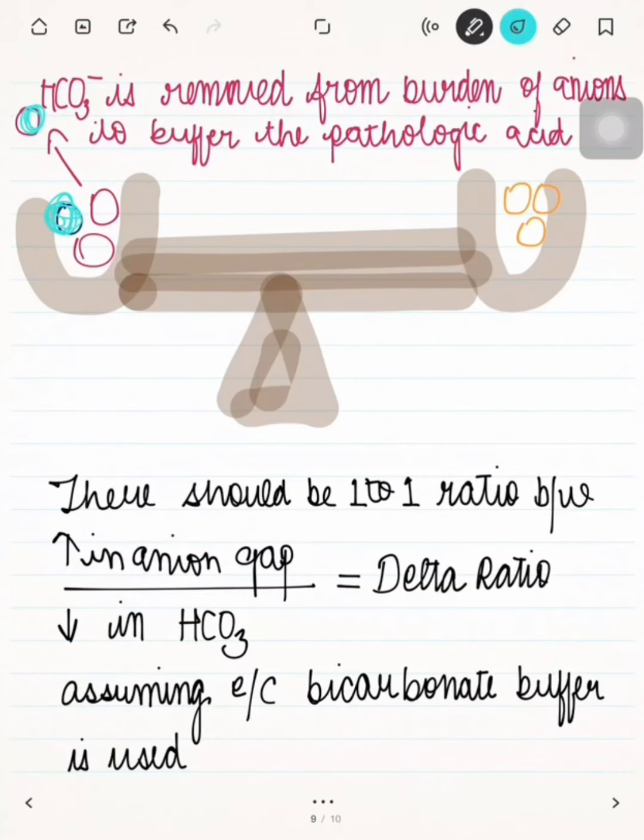This ratio is known as the delta ratio, increase in anion gap to decrease in bicarbonate. This is 1, assuming that the bicarbonate buffer is being used. But we have seen conditions in which chloride is retained. So chloride is acting as a buffer for hydrogen, where in those conditions the anion gap is normal.